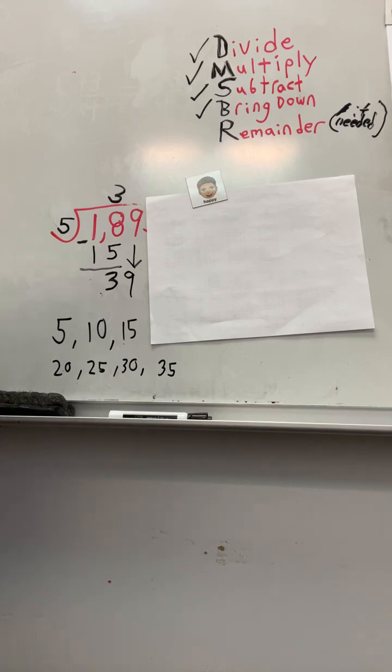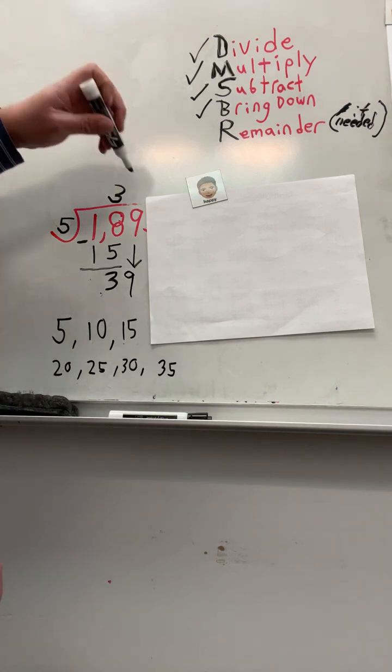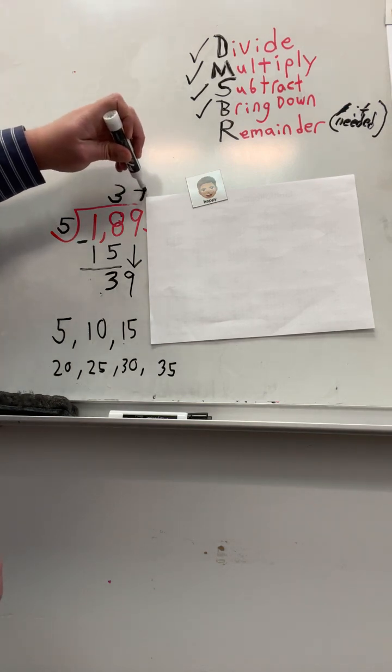So how many groups of 5 did I get? How many times did I count by 5 to get to 35? Let's see. 1, 2, 3, 4, 5, 6, 7. So 5 goes into 39 7 times.